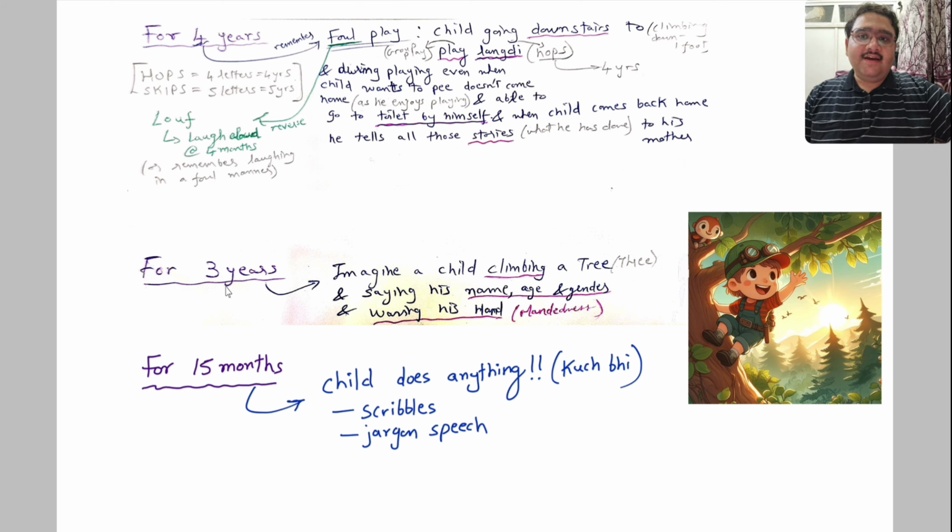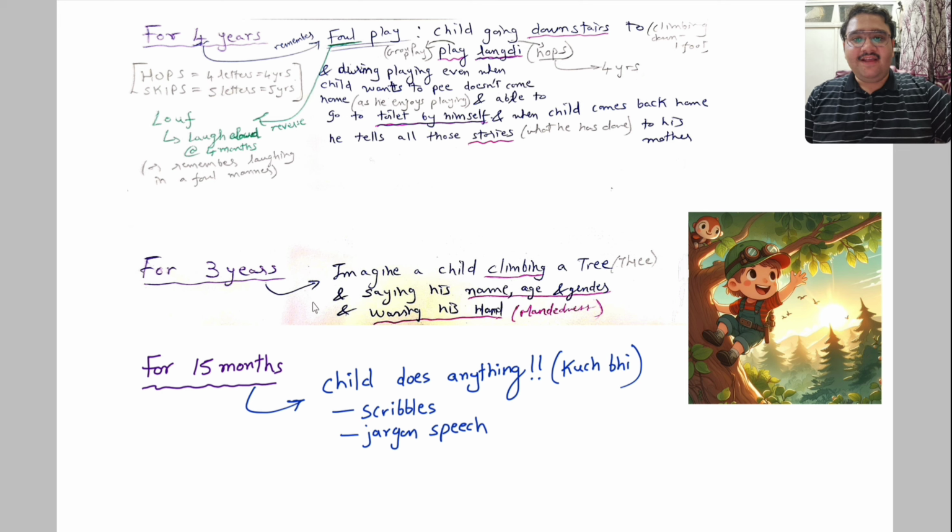For 3 years, imagine a child climbing a tree. Tree rhymes with three, and he is saying his name, age, and gender, and waving his hand. So the child is waving his hand, he climbed a tree, and he says his name, age, and gender.